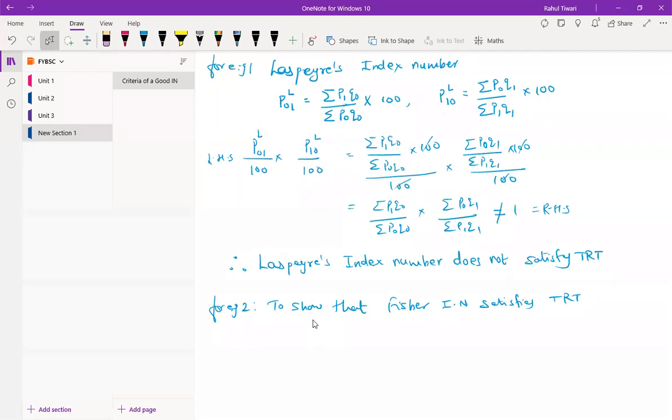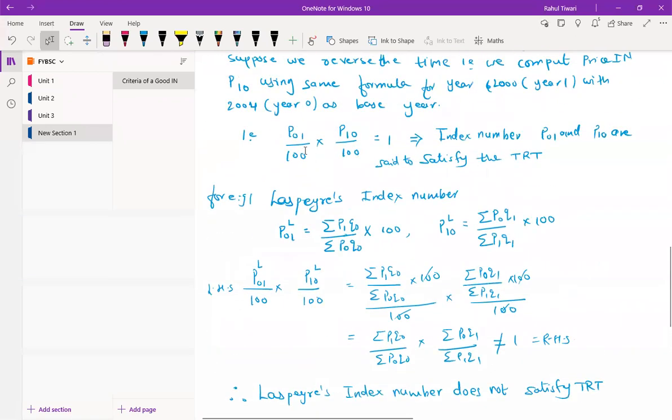Means I want to show that the Fisher index number satisfies TRT. Means it will satisfy this condition.